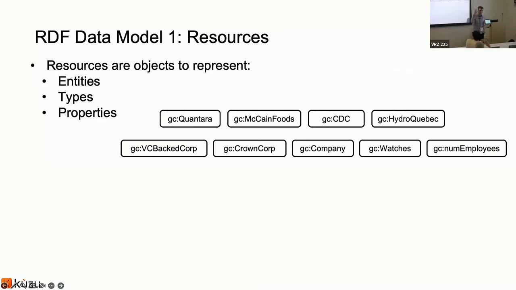That's not a real thing. That's a concept. Or something like company, that's a concept. That's not really an entity. Or number of employees, that's again an attribute name. That's not really an entity, right? But it becomes its own object, no different than how Quantara becomes its own object, okay?